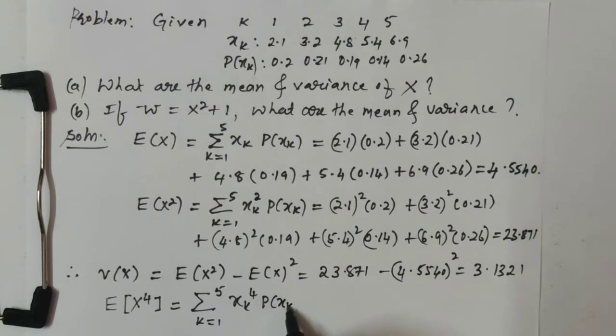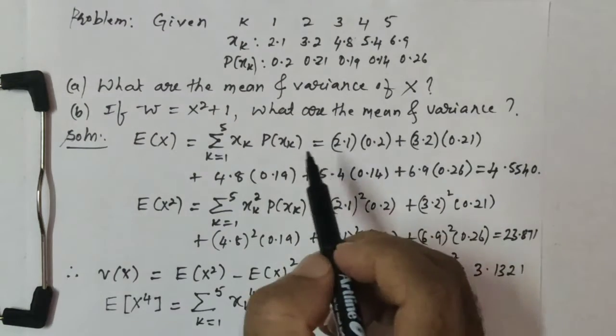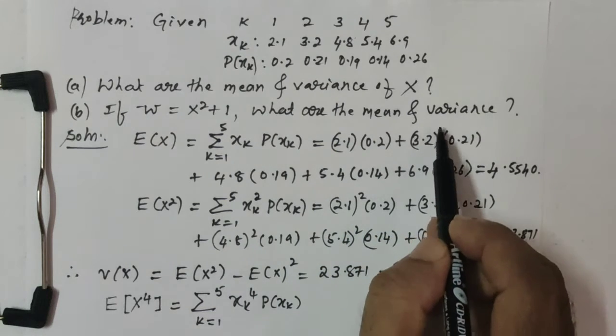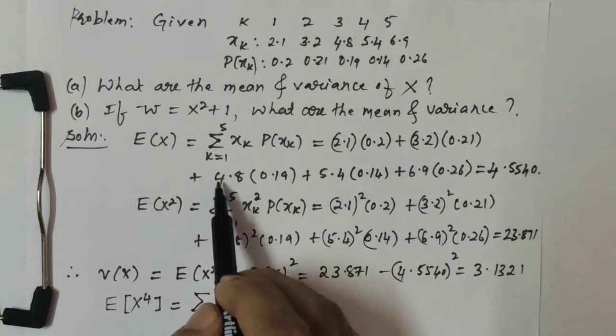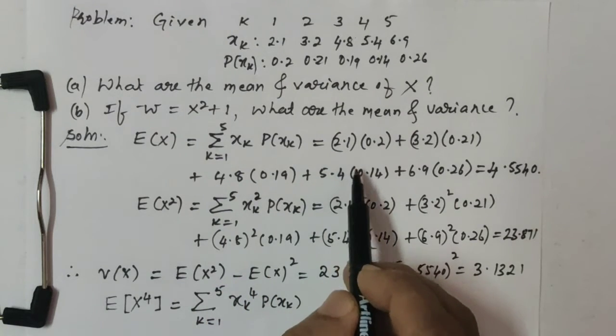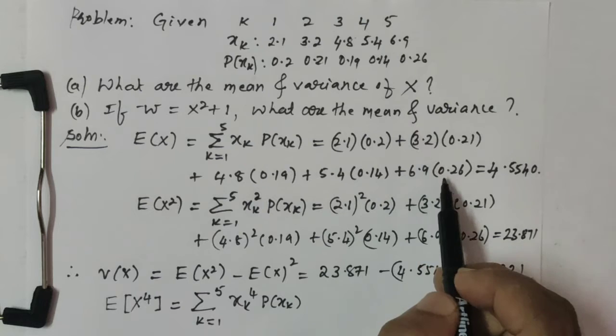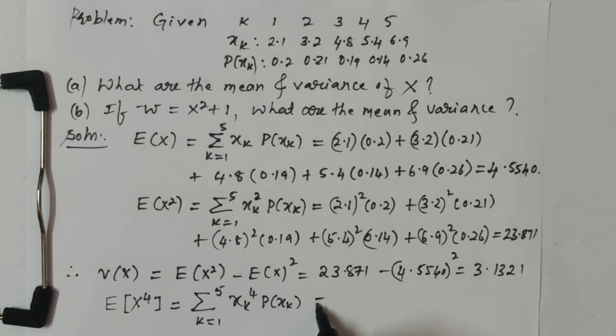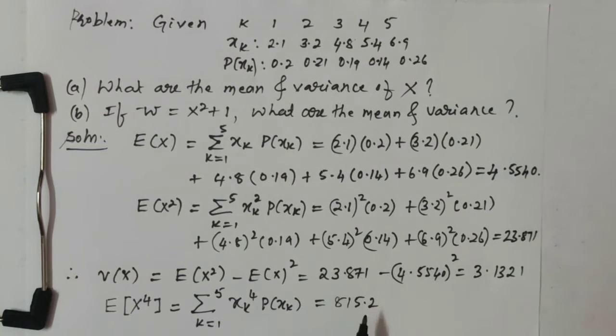That means we have to take 2.1 power 4 into 0.2, similarly 3.2 power 4 into 0.21, 4.8 power 4 into 0.19, 5.4 power 4 into 0.14, 6.9 power 4 into 0.26. If you do the simplification, you will get 815.28.